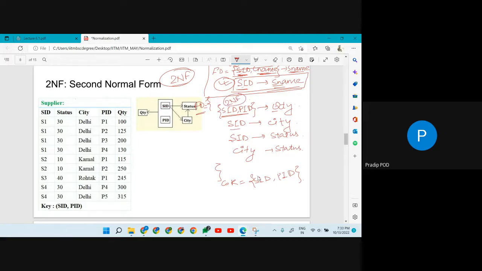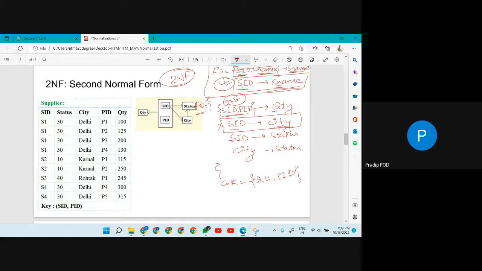The second one: is it a proper subset of the candidate key? Yes. And it determines the non-prime attribute, right? So it is not in the second normal form. Decomposition is a technique by which we can make it into the second normal form. This particular functional dependency violates that condition, so we need to decompose the tables, right?